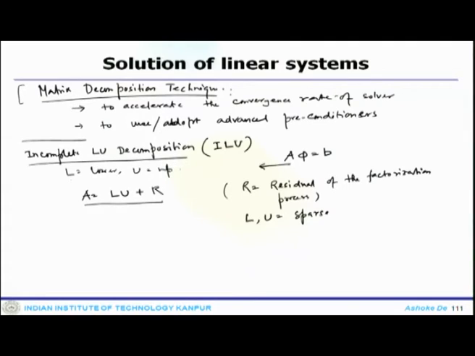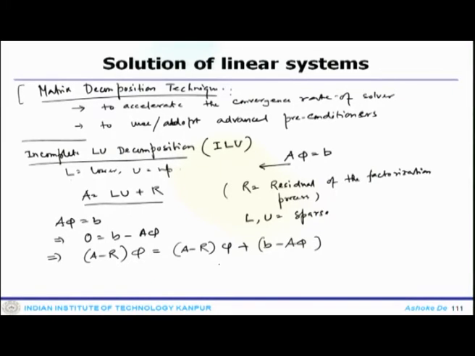The first step towards that would be writing this original equation in such a form that 0 is B minus A phi, which will also lead to A minus R phi equals A minus R phi plus B minus A phi.